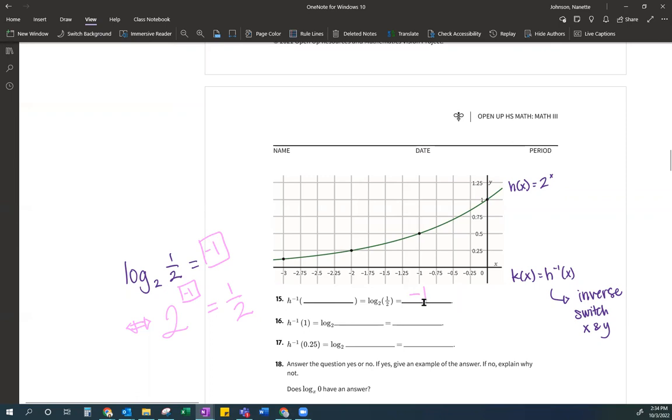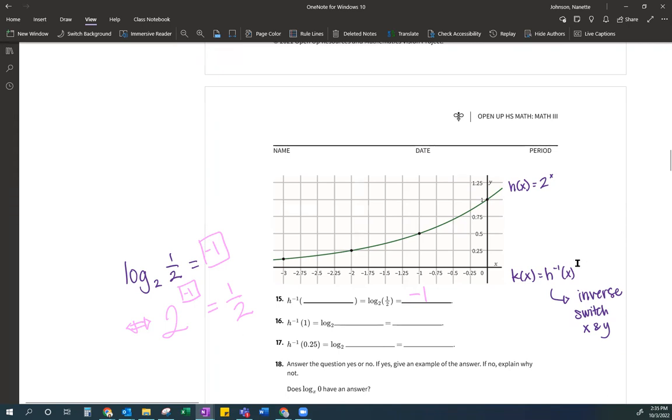Now, if h of x is 2 to the x, what is the function of h inverse? I'm going to say it again. If your function is 2 to the x, what's the function of the inverse?